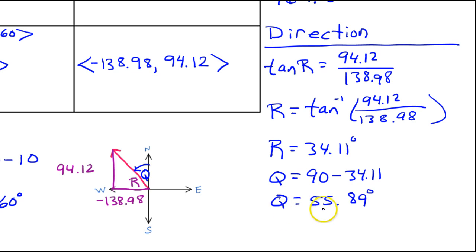So angle Q is 55.89 degrees. So I could describe this direction as starting from the north and turning 55.89 degrees towards the west. So again, we would write that as north 55.89 degrees west. So that's how I will write my final answer.